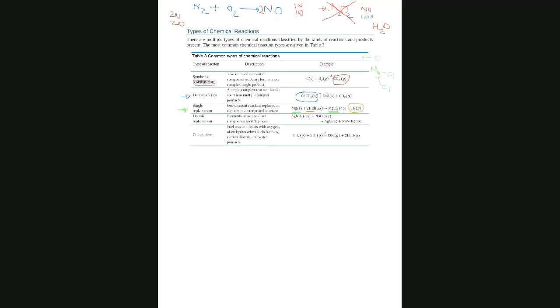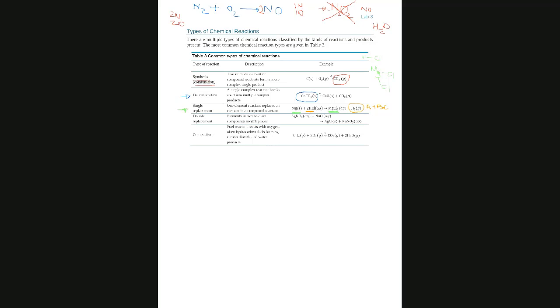Okay, so basically we have the single replacement. In general, you have an element, or an atom, that reacts, in this case, with BC. In our case, it's two atoms that are bound together, hydrochloric acid.